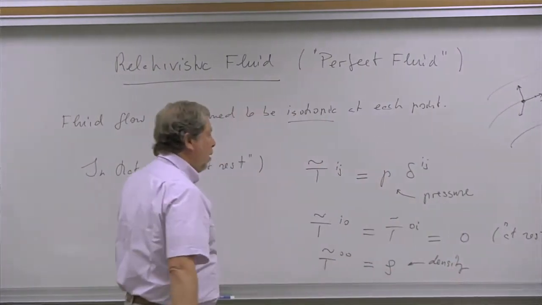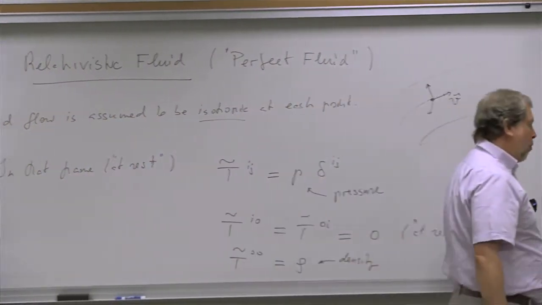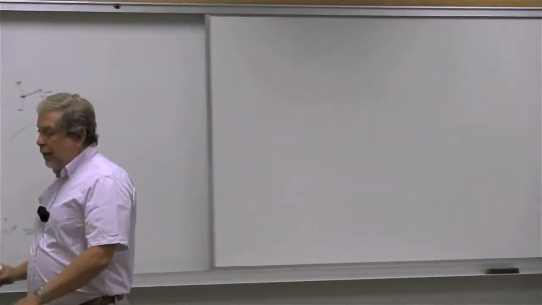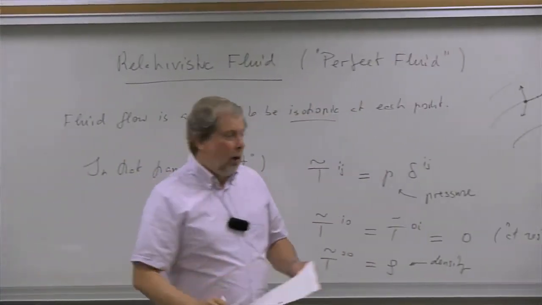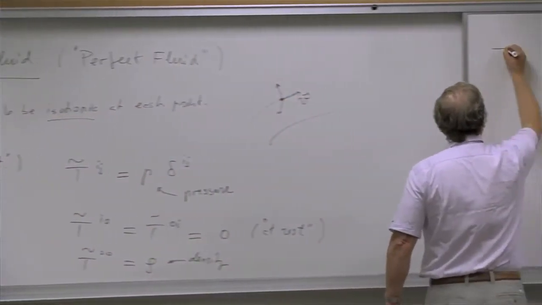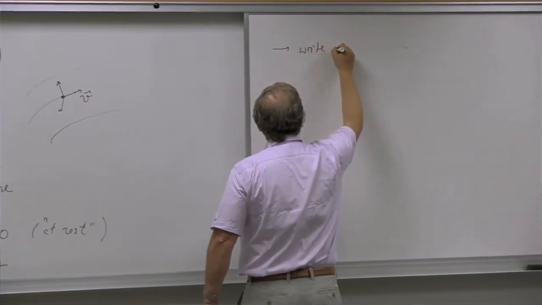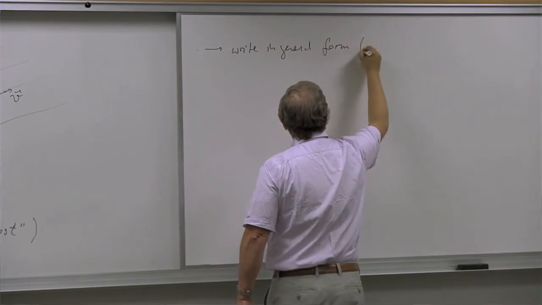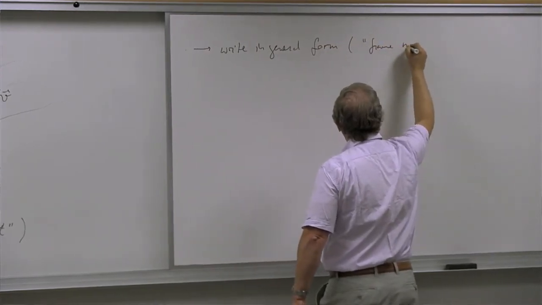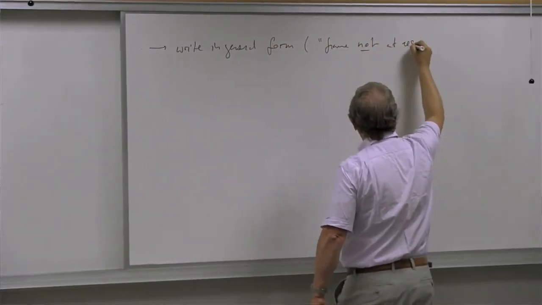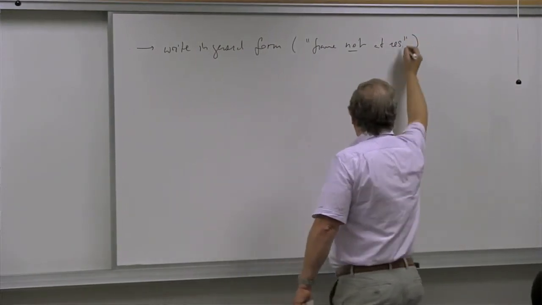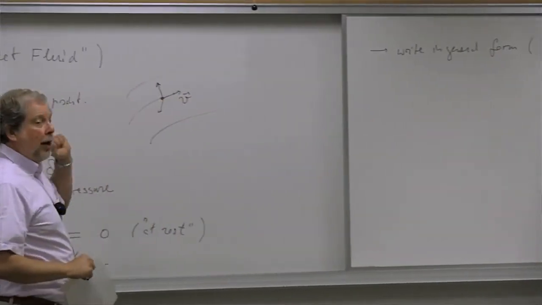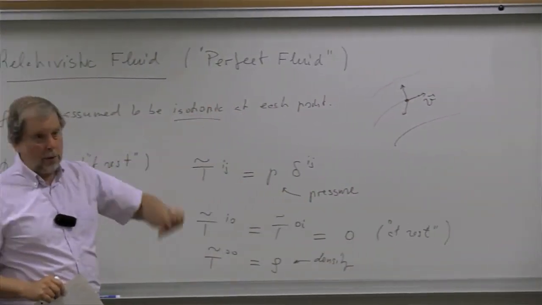So that was for a frame that is at rest with respect to the fluid. And so now we want to write it in a general form, which means the frame is not at rest. And so how do we go from a frame that is attached to a particle in the fluid to one that is in the lab and looking at the fluid going by?